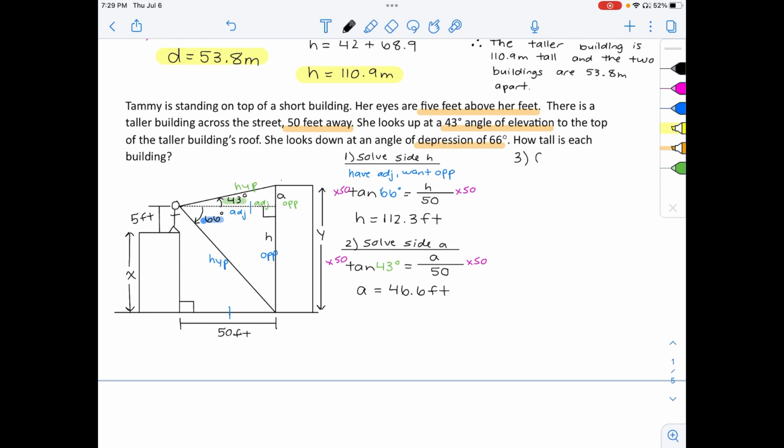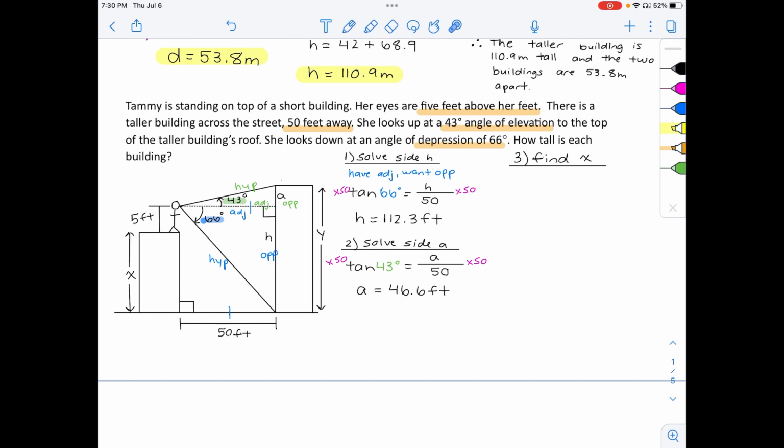So I'm going to find x. Now, if I look at my diagram, I'm going to show this in pink so you can see it here. X is this part here.